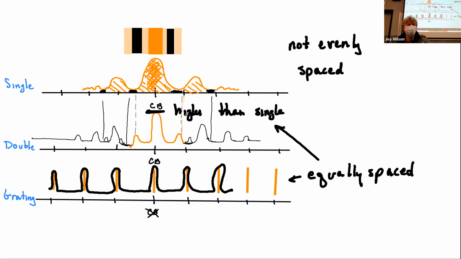It's higher than single slit, but also higher than grating.